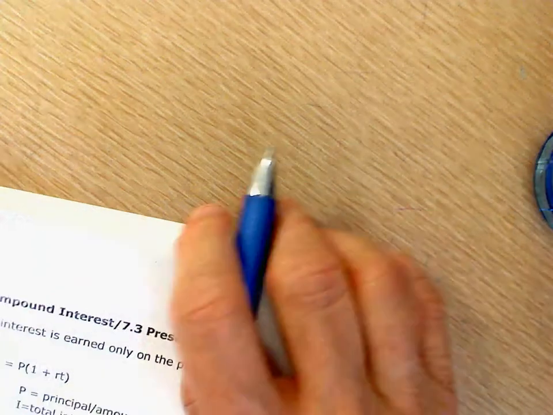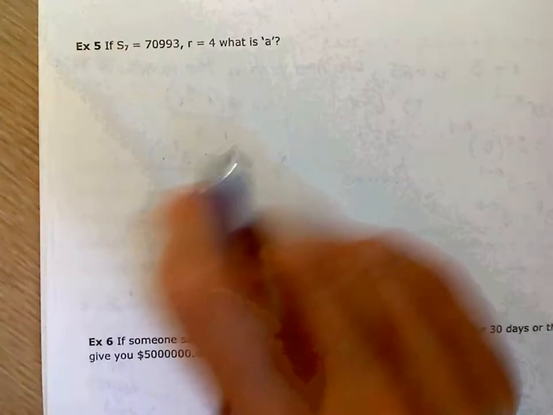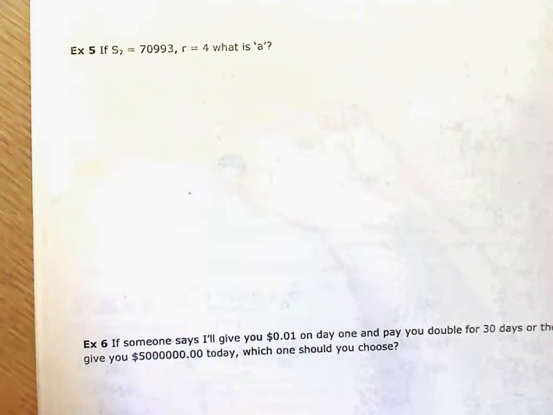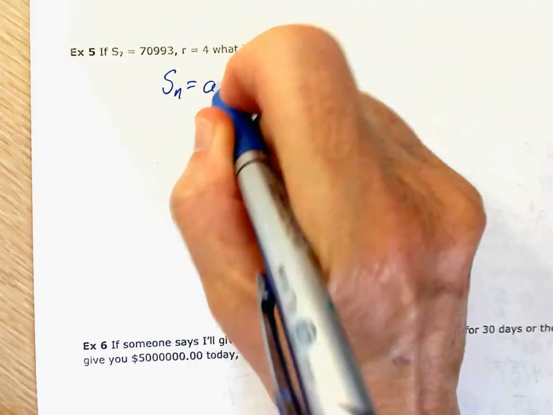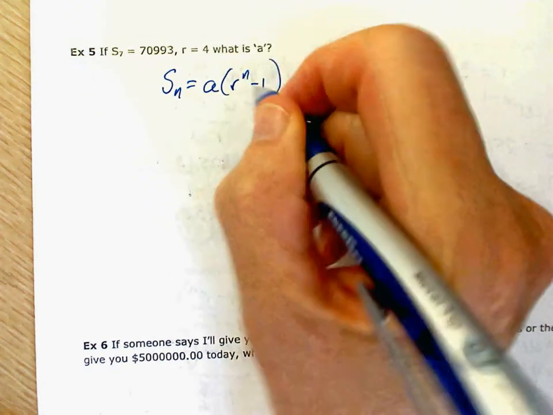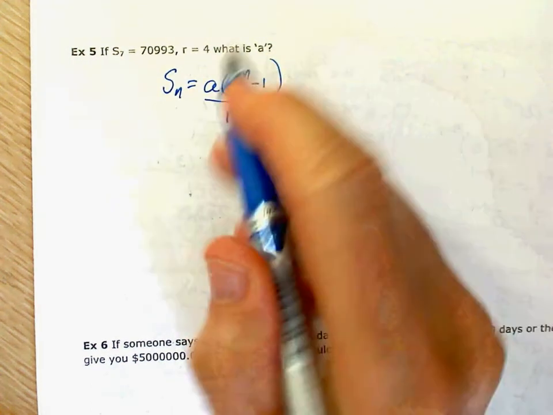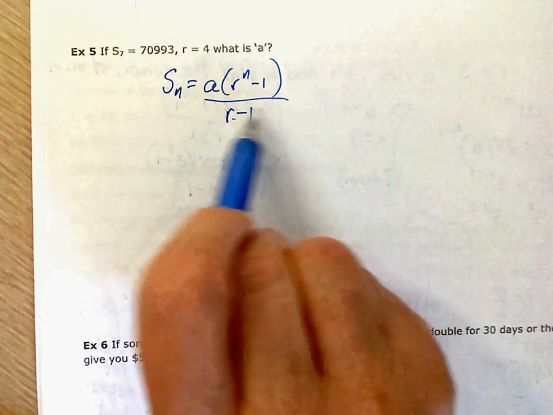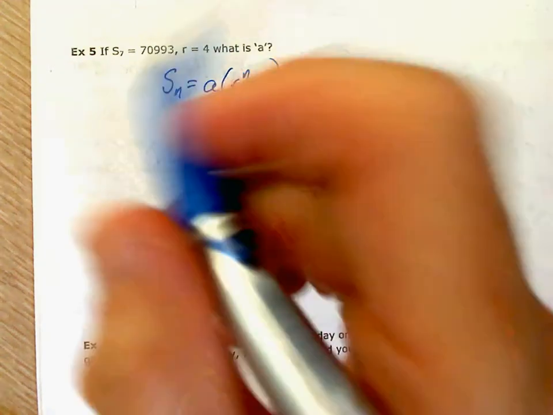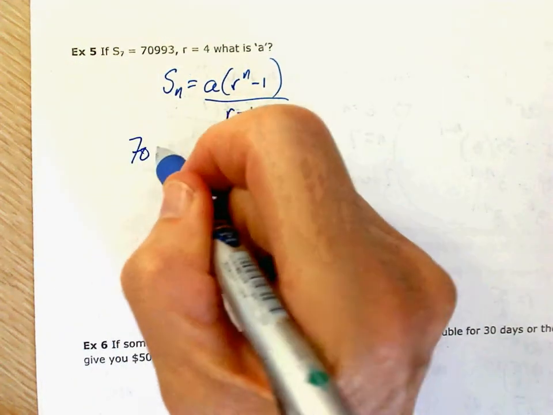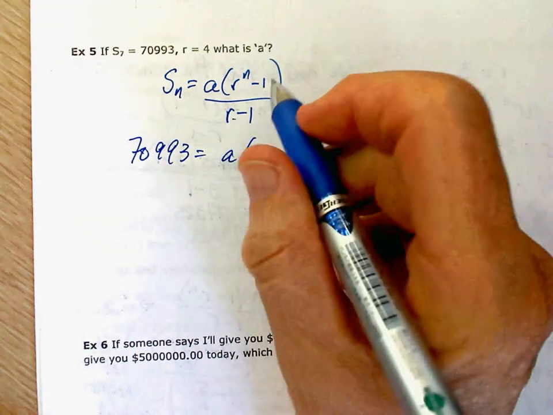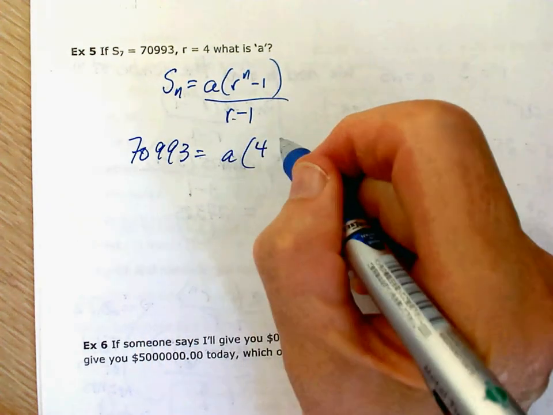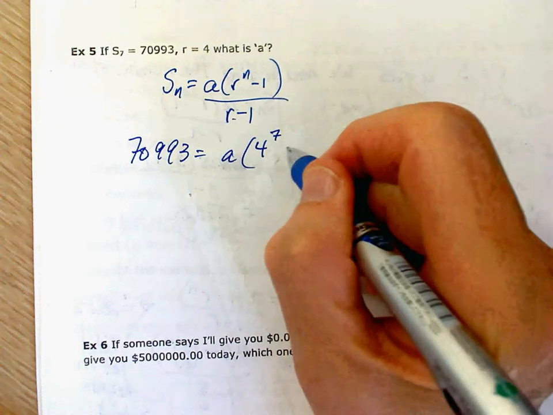Okay. They just want us to solve for a, so that's no big deal. We just sub everything into the formula. So notice 4 minus 1 gives me a positive denominator, so I like working with that. But again, it doesn't matter. r is 4, so it is 4 to the 7 minus 1 over 4 minus 1.